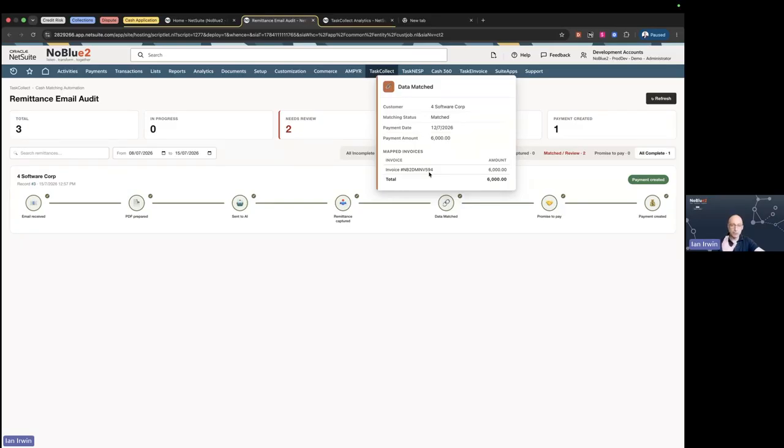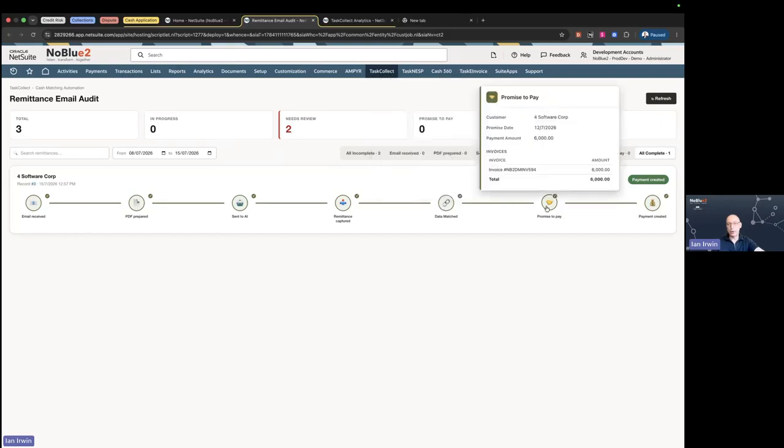And whether that be on your invoice basis, your customer's PO basis, or other matching methodologies, the AI engine is pretty darn robust. Once we're happy the data's matched, it creates a standard TaskCollect promise to pay record, so you have visibility of it. It's starting to form part of your cash flow information that's presented through TaskCollect Analytics.